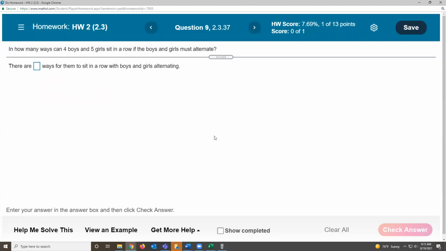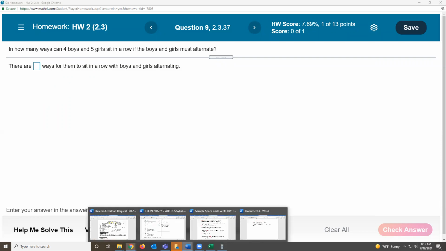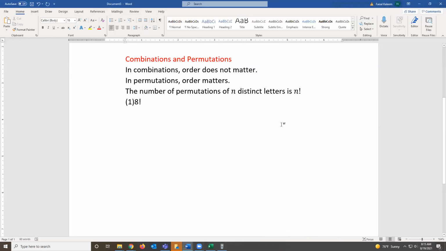In how many ways can 4 boys and 5 girls sit in a row if boys and girls must alternate? So you have 4 boys and 5 girls, and that means you need 9 seats in the row. So the first spot has to be taken by a girl.